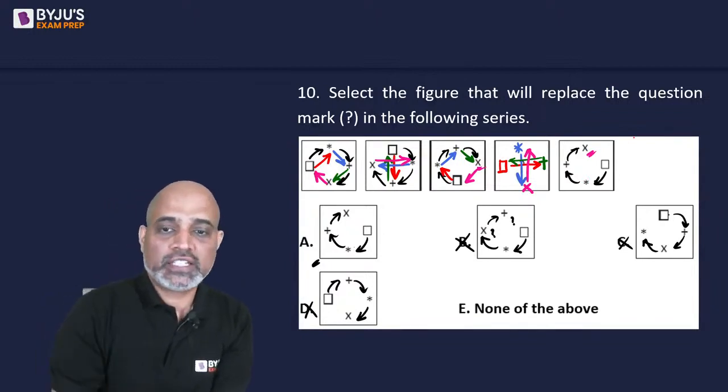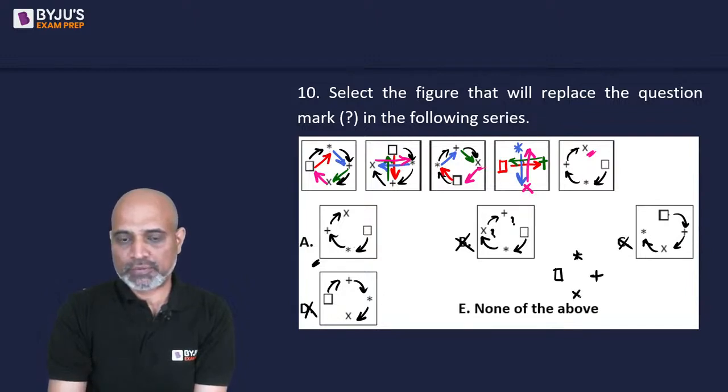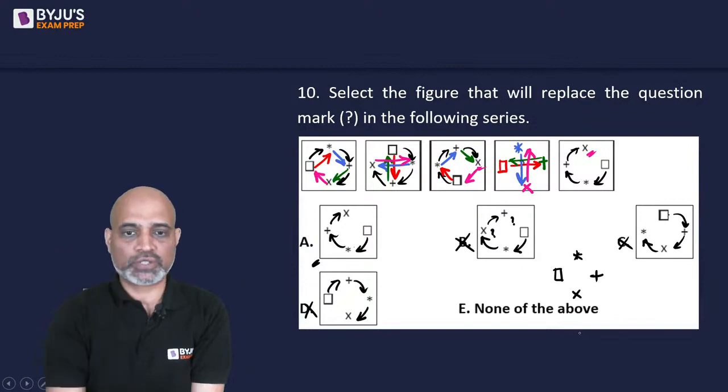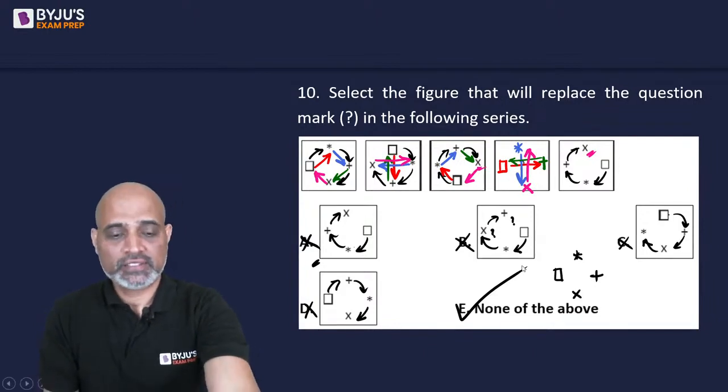So the final sequence should be, we need to have a square and then an asterisk, right? Then we need to have a plus and then we need to have a multiplication. Yes, sequence hona chahiye. Do we have any of those? No. E ho gaya answer. ठीक है?